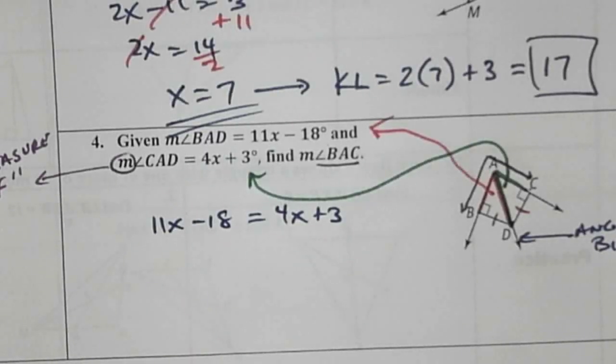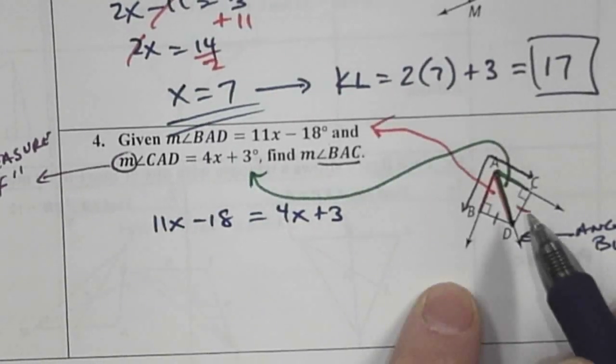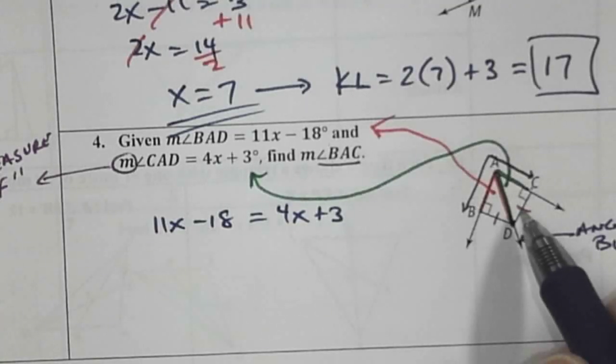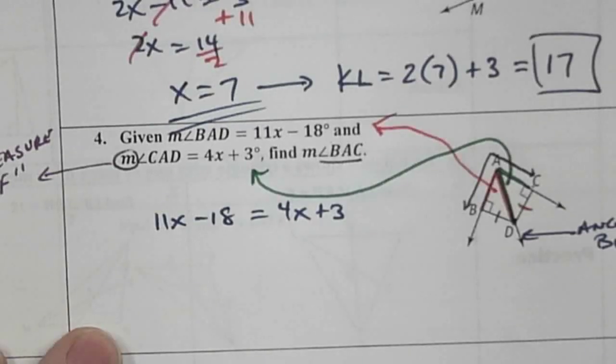We got to be very careful with these problems. The 2 little angles are equal. Sometimes they give you 1 little angle and a big angle. And so we got to be careful how we do this.